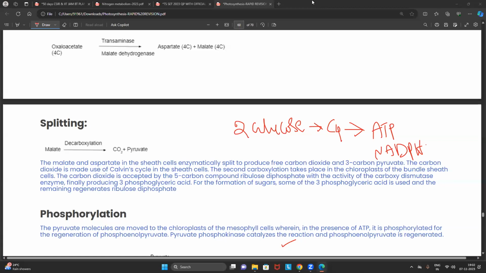In order to produce two glucose molecules in a C4 pathway, how many ATP and how many NADPH are required? Wonderful. So we require 60 ATP and 24 NADPH. Right, wonderful.